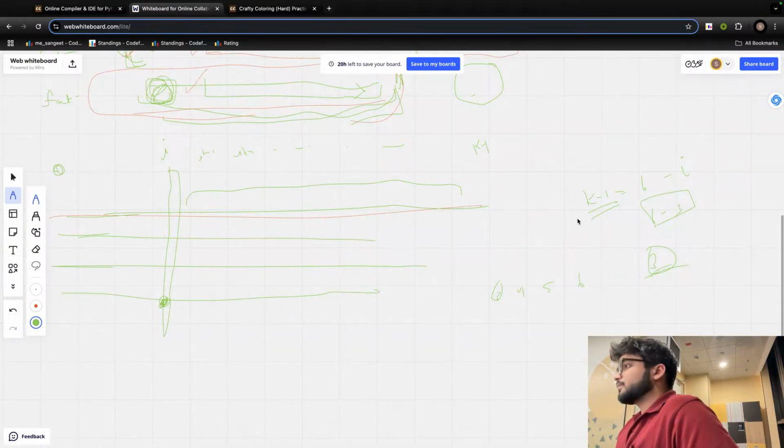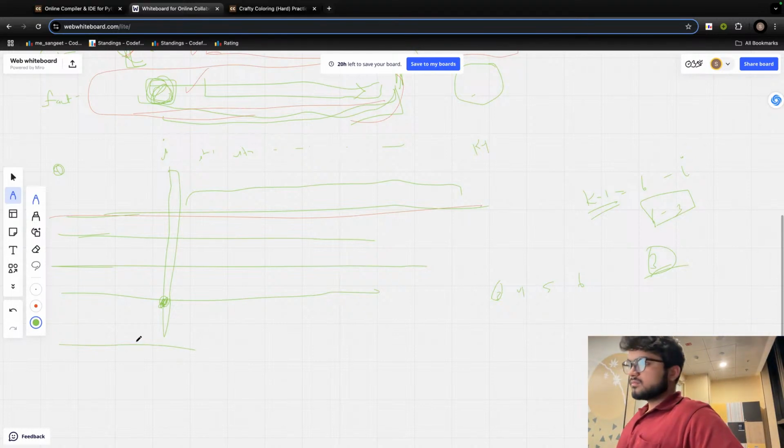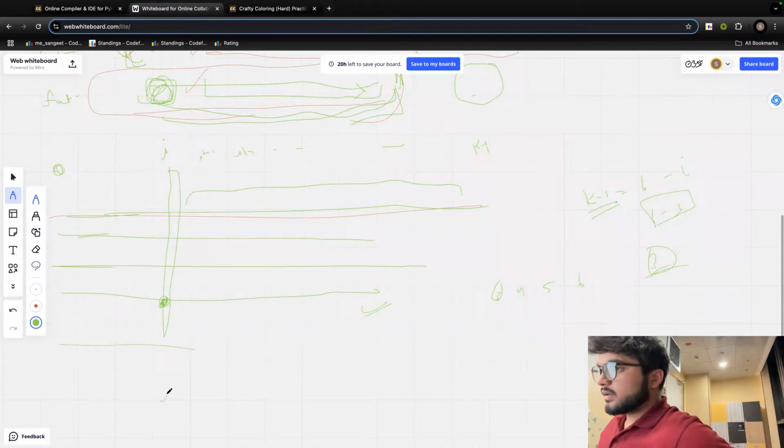Now clearly, for every row, remainder will be subtracted, right? Clearly. So let's check for this row. What will be subtracted? Remainder plus the elements at right, right?